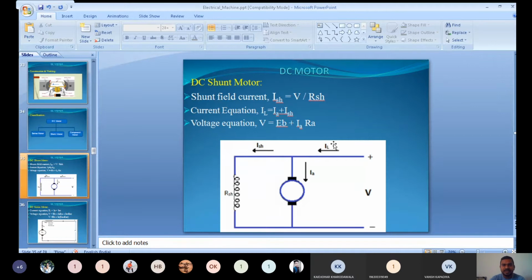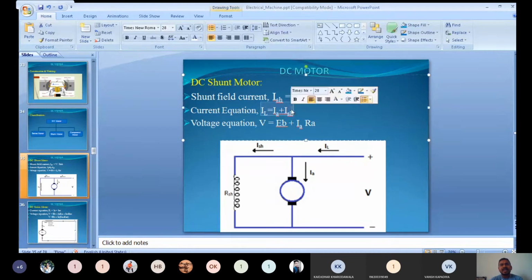The current equation of DC shunt motor is IL equals IA plus ISH.